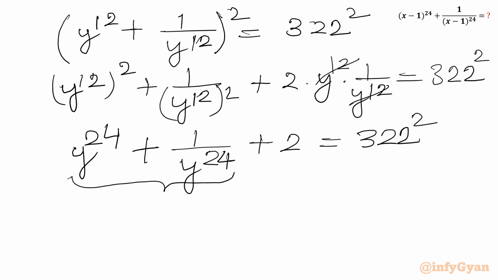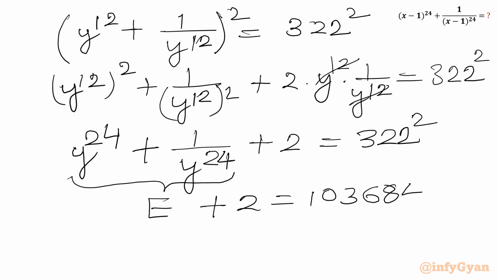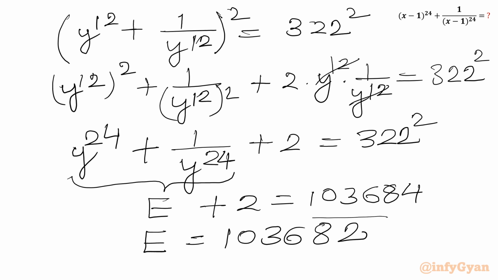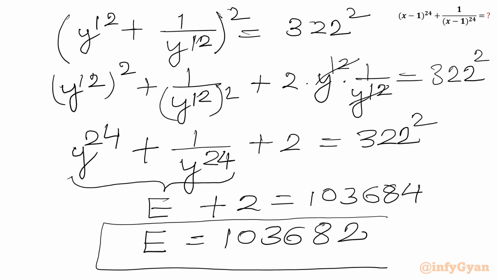This is our required expression E. Plus 2 equal to 322 whole square, which is 103,684. Take away 2 from both sides. E will become 103,682.